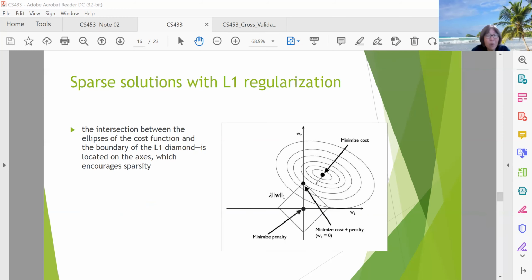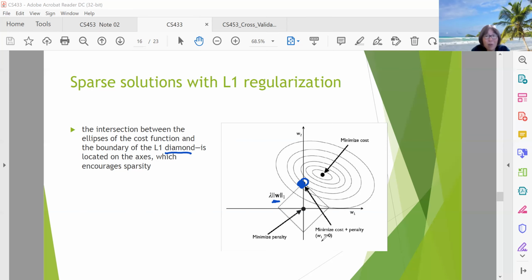And then for L1, similar, but we see it's linear. So this line directly forms the diamond shape. Then you can clearly see here is the intersection point.